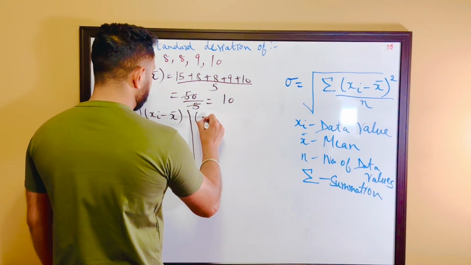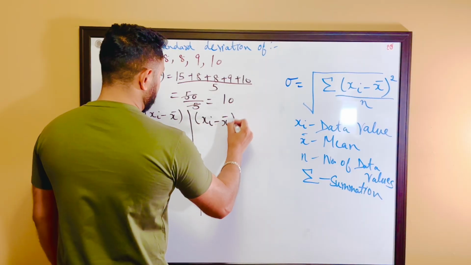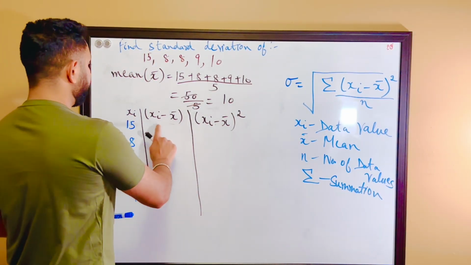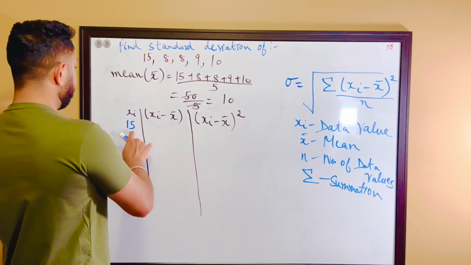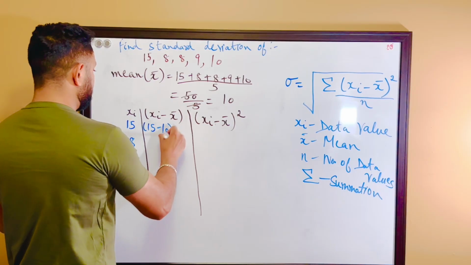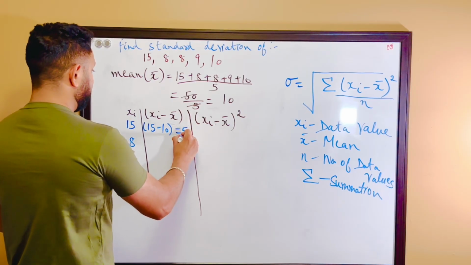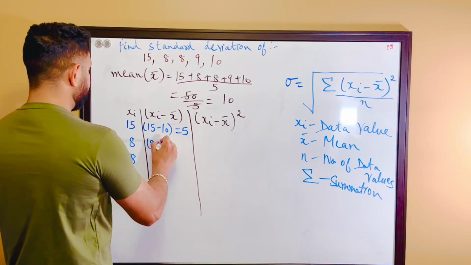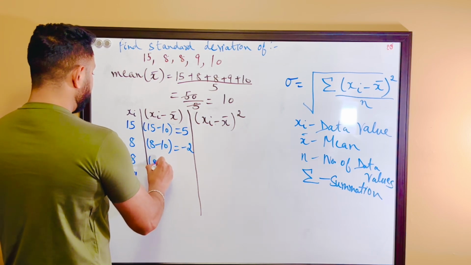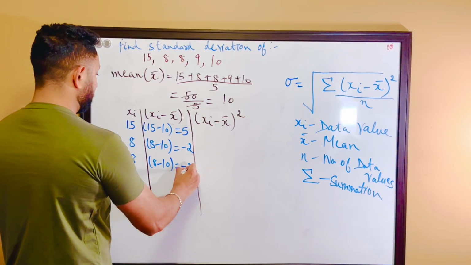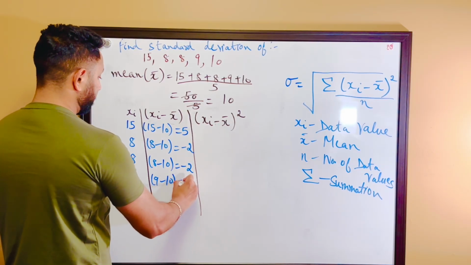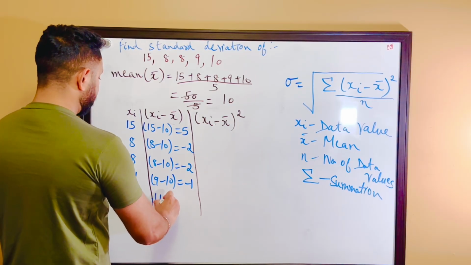So 15 minus 10 is 5, and 8 minus 10 is minus 2, and again 8 minus 10 is minus 2, and 9 minus 10 is minus 1, and 10 minus 10 is 0.